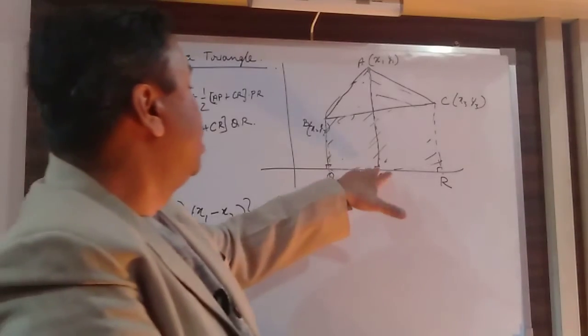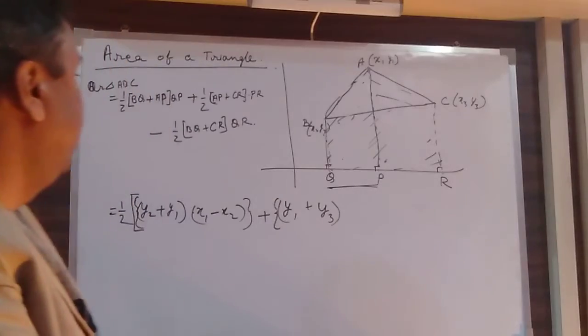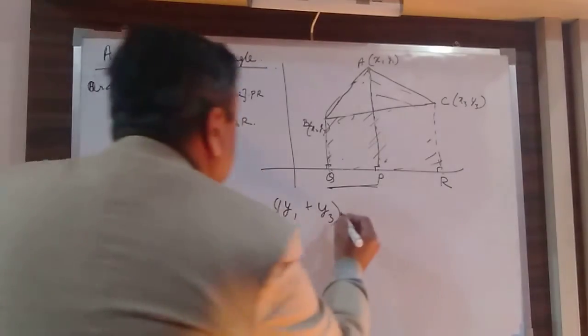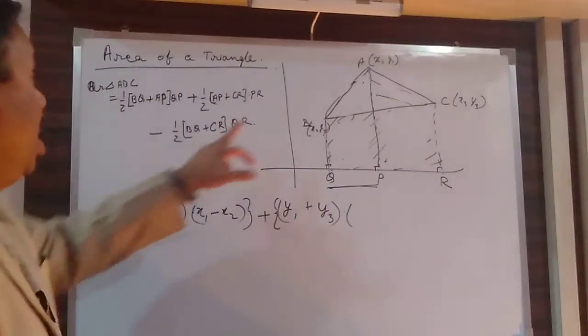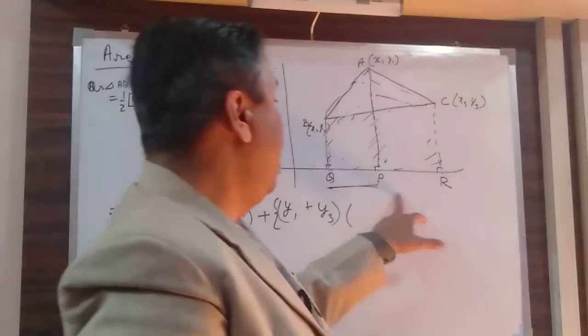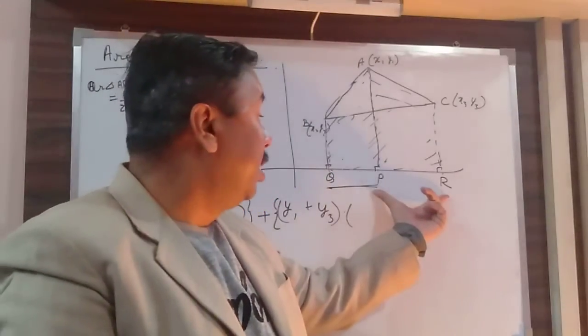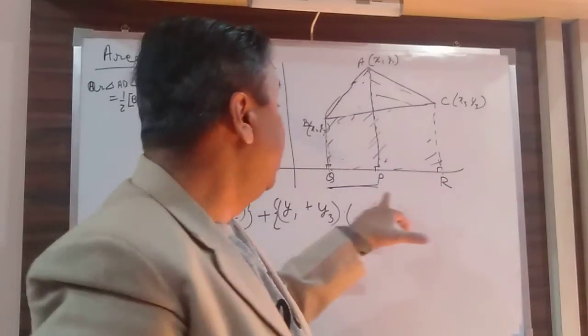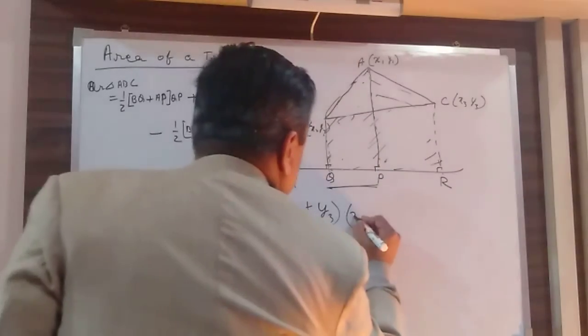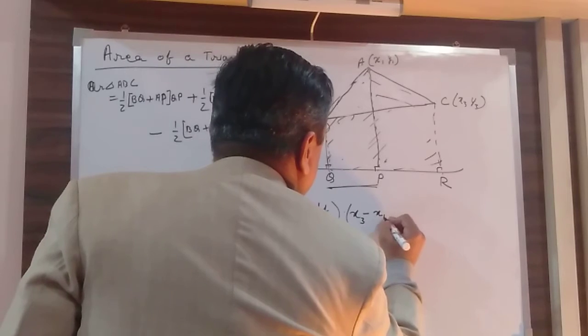Basically this is the distance from the x-axis, so it is the y coordinate, multiplied by PR. PR, as I told you, is the difference between the x coordinates, so x3 minus x1.